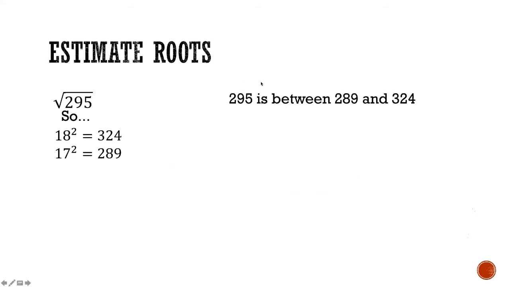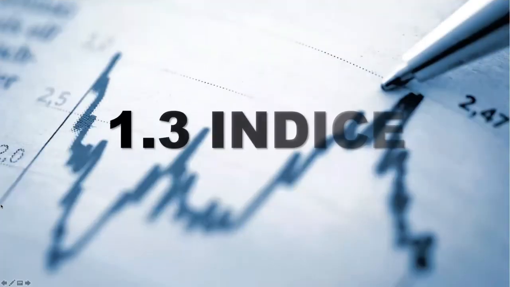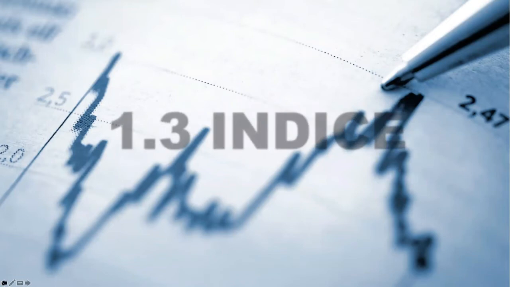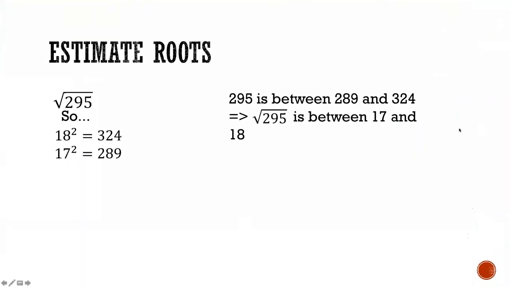So 295 is between 289 and 324, and it's quite close to 289, more than 324. So the answer is here.